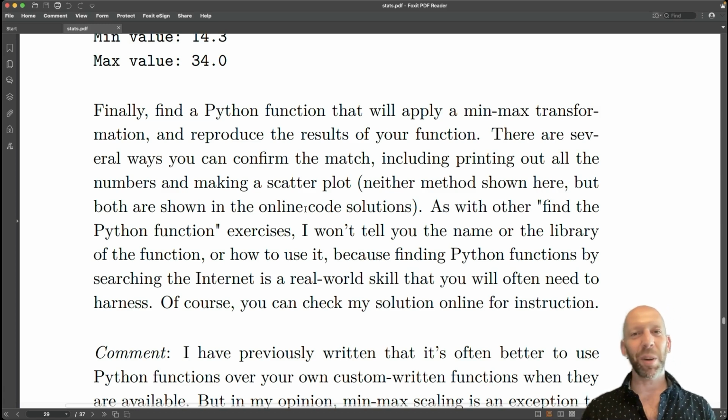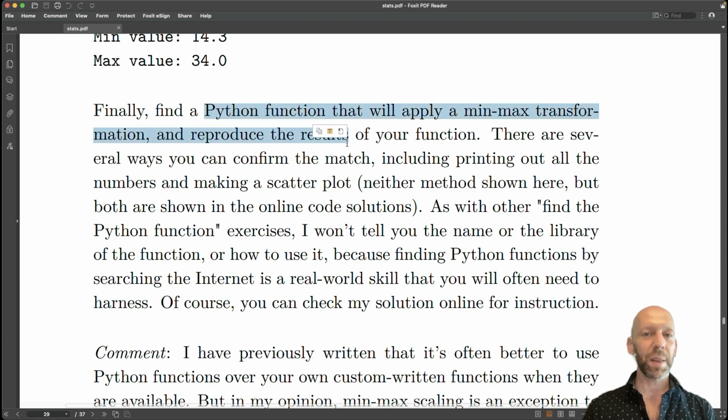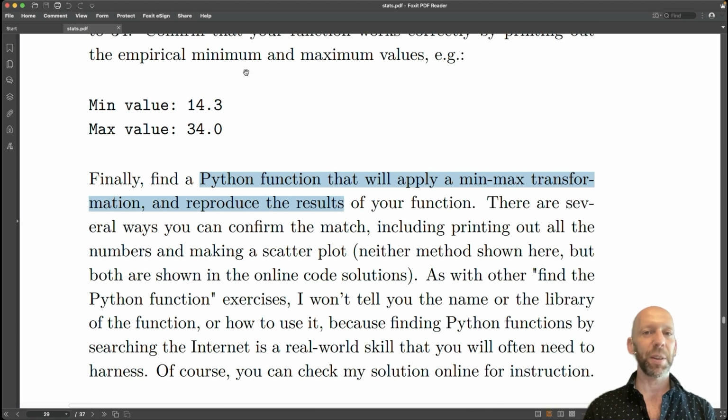I've mentioned before in earlier videos and earlier chapters that knowing what you want to do and having to do a little bit of Google searching or Bing searching or whatever to find that function and figure out how to use it, that is an important real-world skill that you need to know to work in Python. So anyway, the point is find a Python function that reproduces these results without you having to code this mathematical transformation yourself.